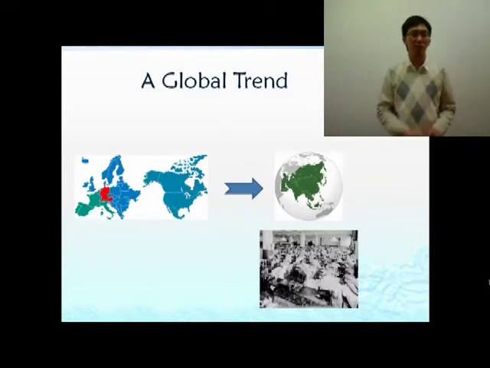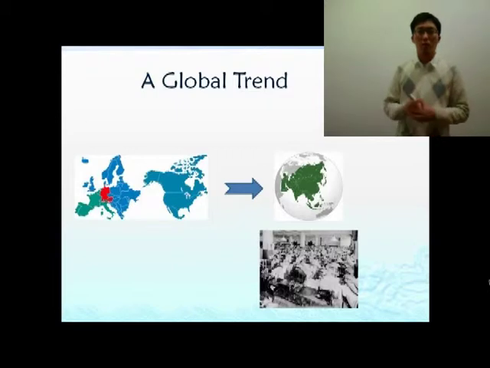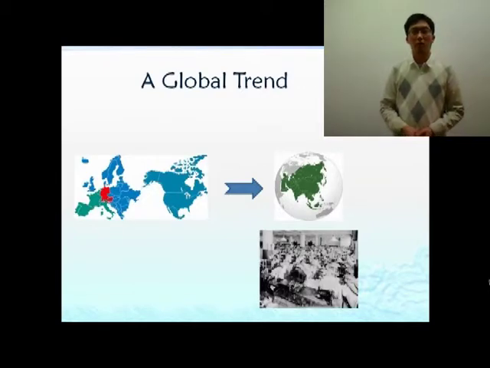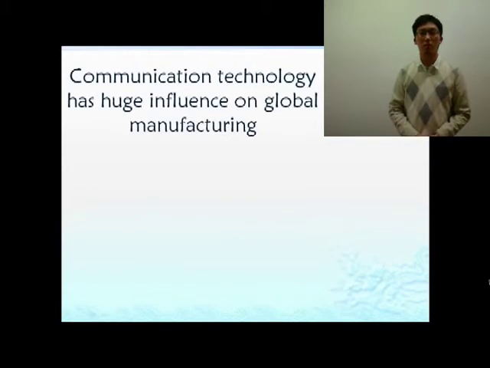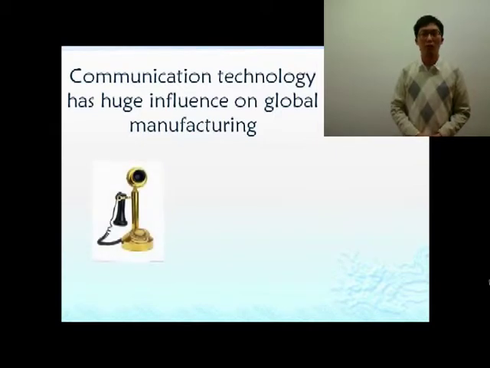However, this kind of activity can be seen as just finding a better place for some labor-intensive industries, because at that time, the communication technology did not allow people to communicate among different countries efficiently, or in other words, just in time.